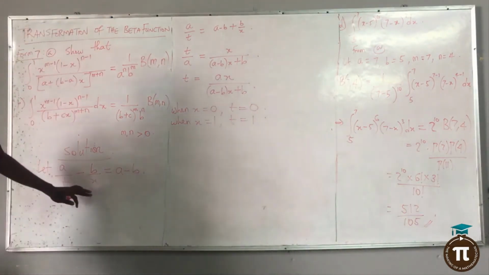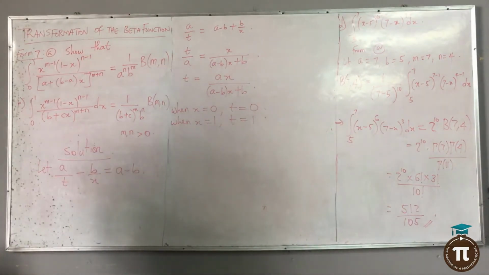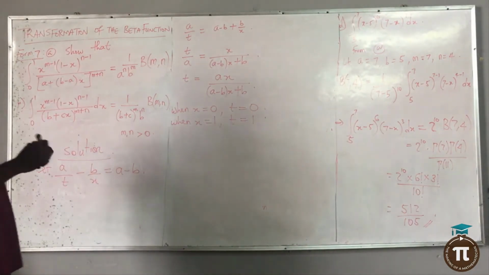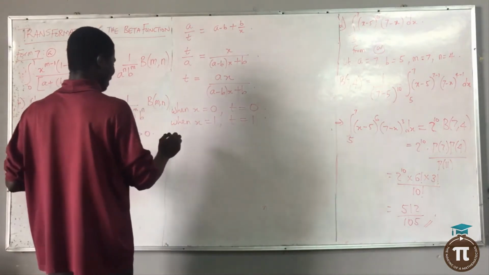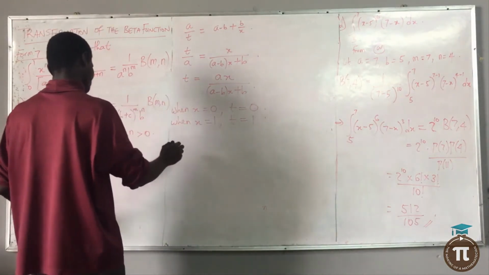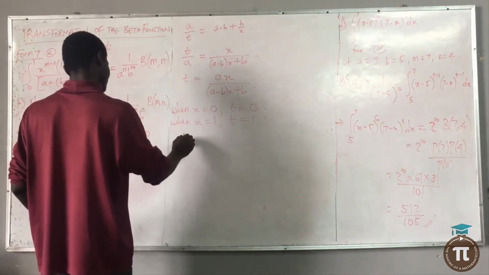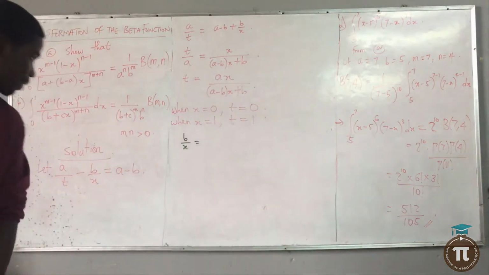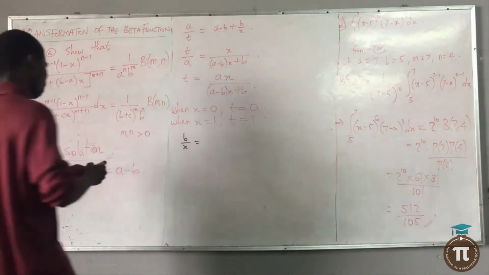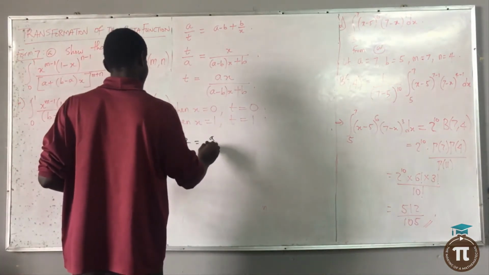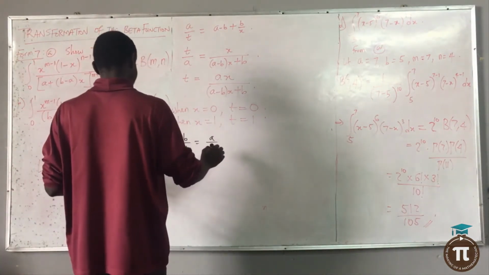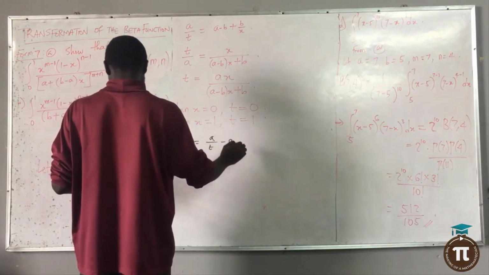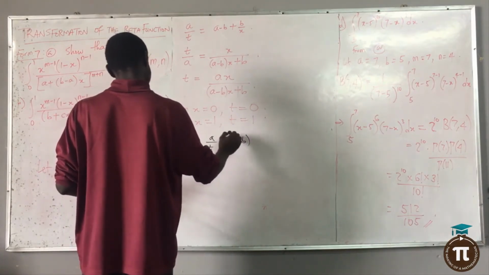But I would like to make s the subject of the formula when I'm differentiating, so that I will have x. To make s the subject, I have b over s, which is equal to a over t minus a minus b.